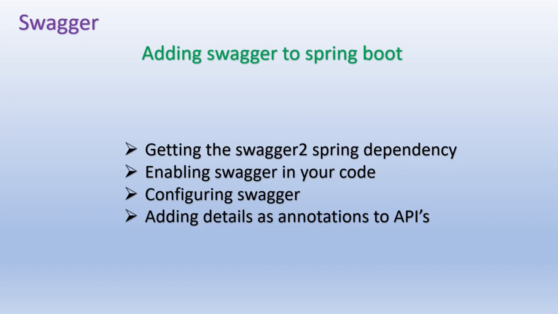We need to download the required dependencies and put them in pom.xml, and we need to enable Swagger. Where we enable it: when we import the project, it generates Application.java. There we need to put @EnableSwagger2.